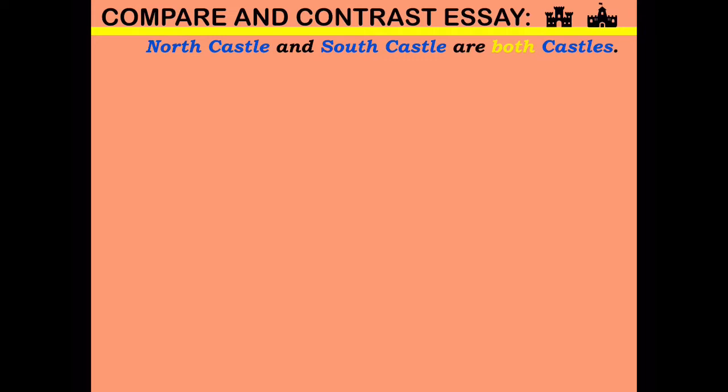Let's continue. 2 fingers, and similarly, they have a portcullis. Do you remember? That was one thing they had in common. They both had a portcullis. So that's the sentence. Similarly, they have a portcullis.